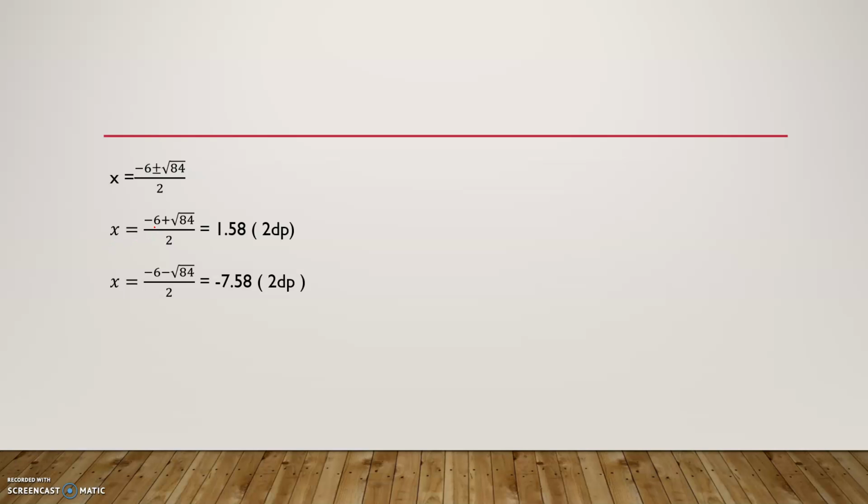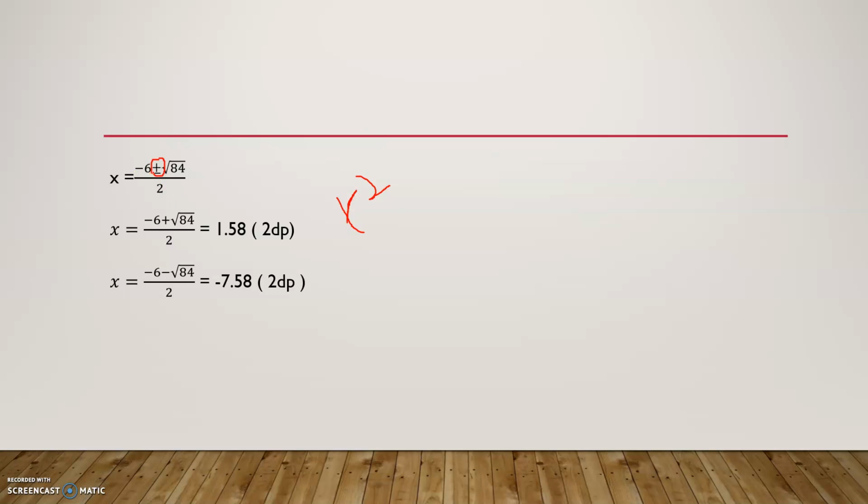Now x equals minus 6 plus or minus the square root of 84. Because we have plus or minus here, we get two solutions. When we say quadratic, which means a power of 2, we get two solutions. One is a positive solution and one is a negative solution.